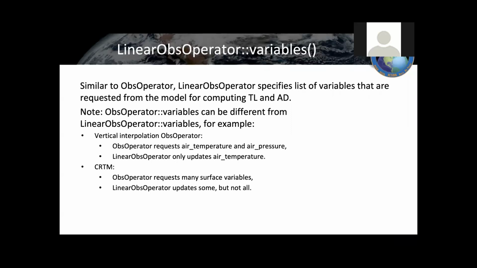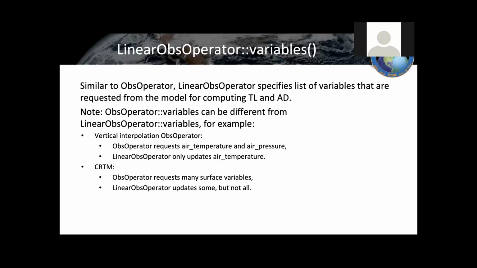We do something similar with CRTM. In CRTM, the observation operator requests many surface variables in order to set up its proper simulation of brightness temperatures, or radiances. And we can vary some of these parameters with our linear observation operator, but we can't vary all of them. Some of these variables, for example, are categorical in nature, and we can't easily adjust them with an increment.